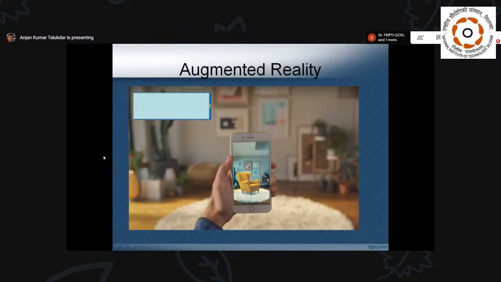For example, here suppose this person is going to buy a sofa, so he can actually test whether that sofa will match his room or not. Actually this background image is the real image of the room, but the sofa is virtual. So it is a mixing of the real and the virtual. Apart from this, it also has many applications.